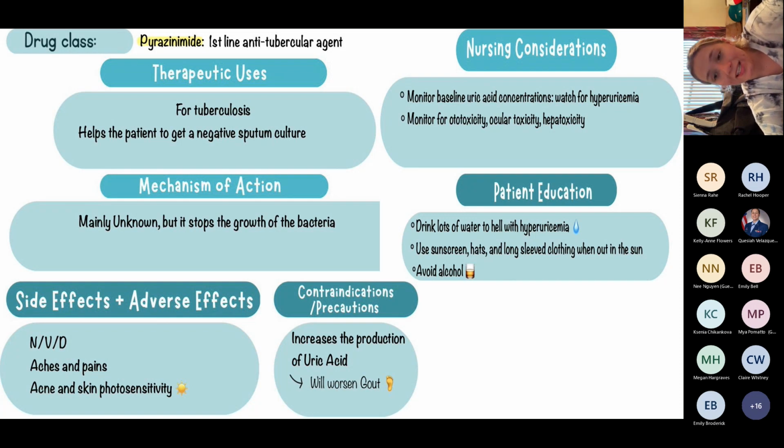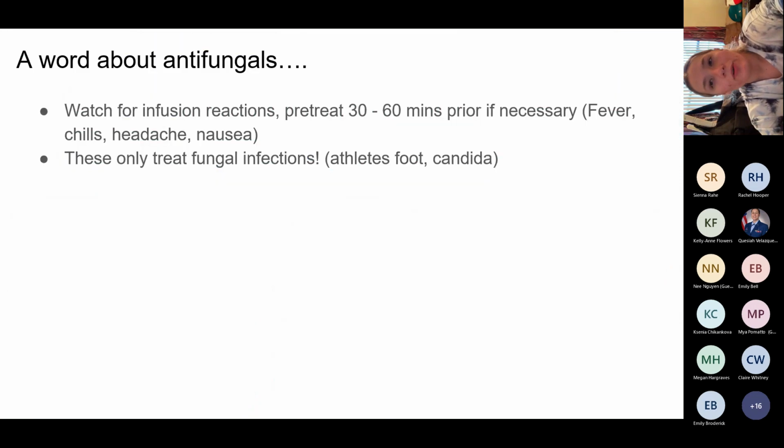That's why if your patient has gout, their pyrazinamide might make it a little bit worse, okay? What are we going to do? We're going to drink lots and lots of water, okay? Why? It helps get rid of that uric acid that builds up with the gout. And they're pretty photosensitive, so practice safe sun.